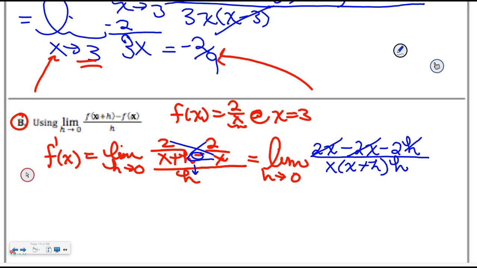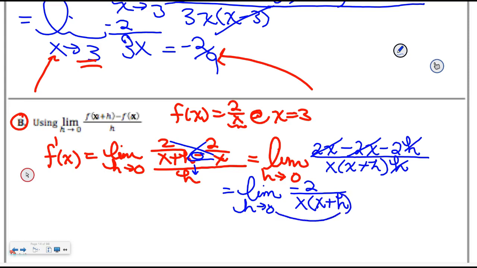Then I can cancel out my h, and it leaves me with the limit as h approaches 0 of -2 over x times x plus h. Now I plug the 0 in for the h, and it gives me -2 over x times x plus 0, or just x times x, or x squared.